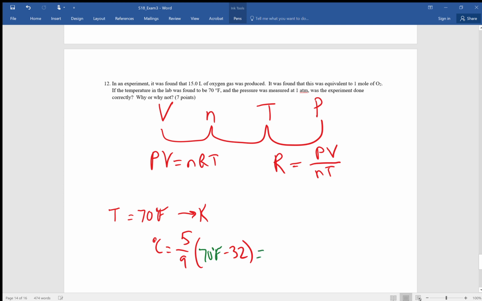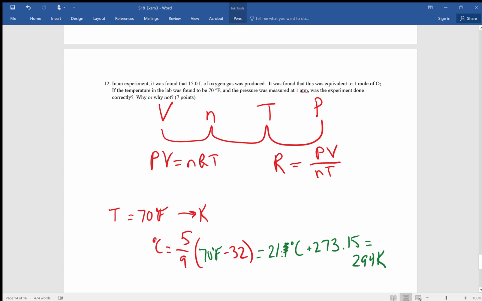And when we calculate that, 70 minus 32 times 5/9 gives us 21.1 degrees Celsius. Plus 273.15 converts us to 294 Kelvin.